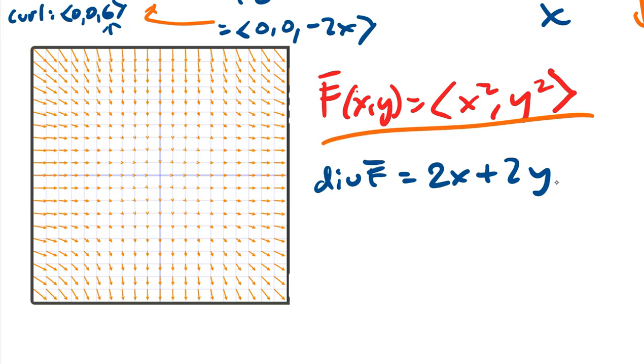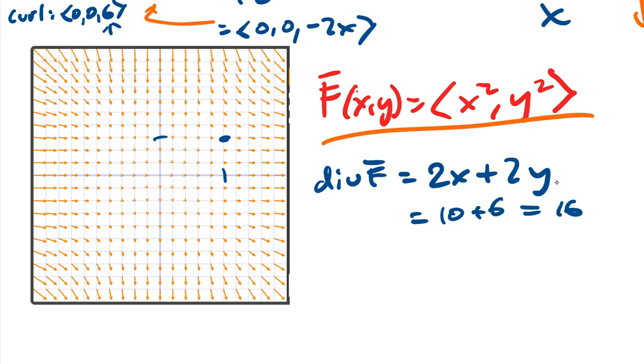So what this says is that if you pick a point in the plane, like let's say we're at 5, comma 3. So here's 5, 3. Your divergence is going to be 10 plus 6, which is 16.